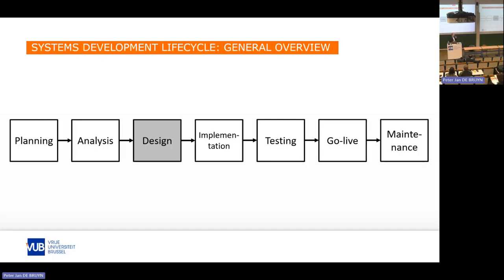So analysis, having all the requirements, and then going to a design is not straightforward. That's an engineering activity, and it needs to happen for a house, for a car, and also for IT systems.